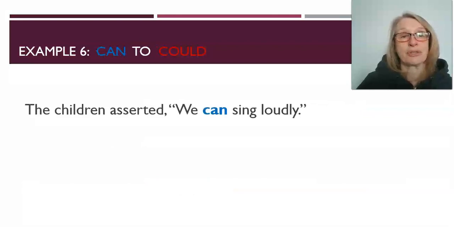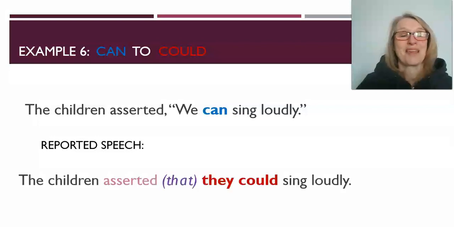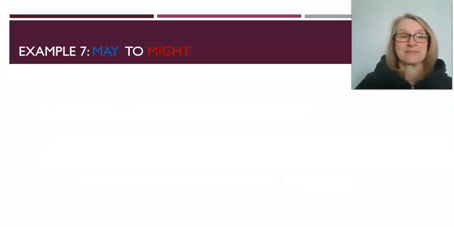How about can to could? The children asserted, "We can sing loudly." Reported speech, you can write this on your sheet. Did you get it? The children asserted that they could sing loudly.